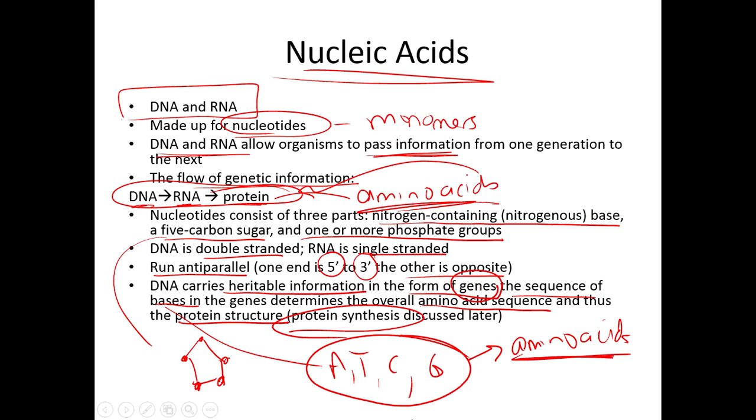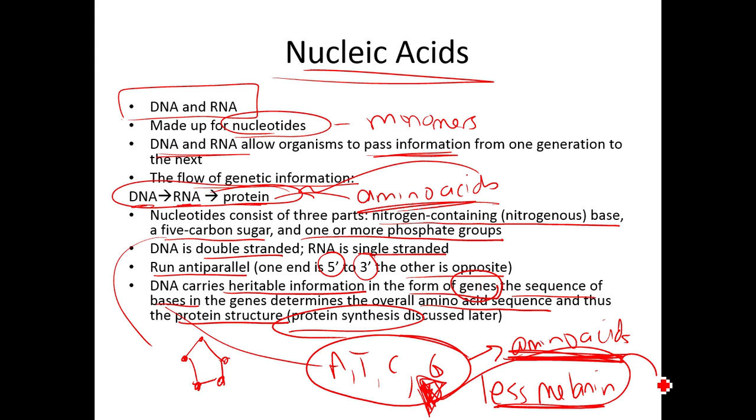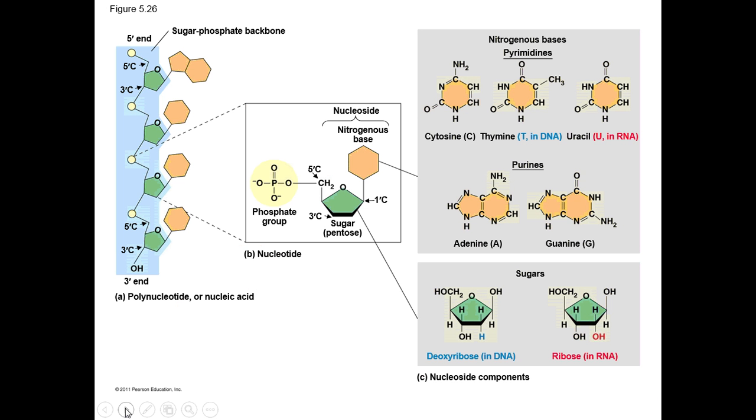For example, if you are light-skinned, you have less of the protein called melanin. Well, how does your body determine how much melanin to make? It's based on the sequence of your genes. And the sequence of your genes will determine what amino acids are present, which will then determine whether you have more melanin or less melanin.